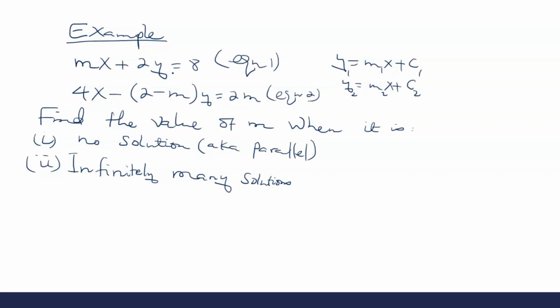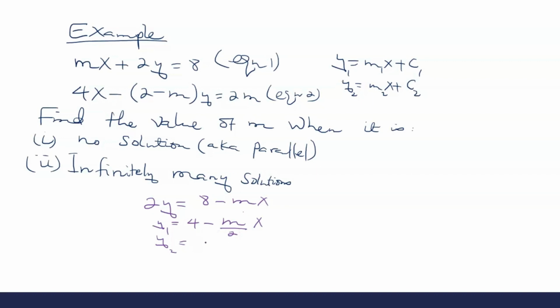So we want to rearrange this and make y the subject. For the first equation, 2y equals 8 minus mx, and we divide both sides by 2. So this is y1, y2. We do the same thing for the second equation as well.